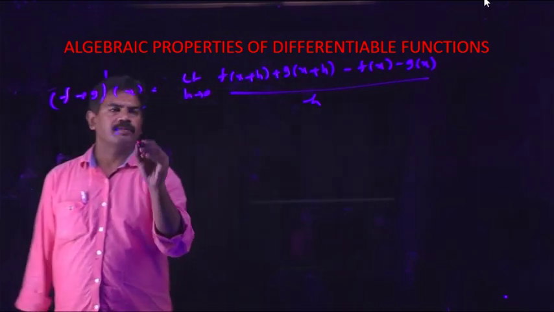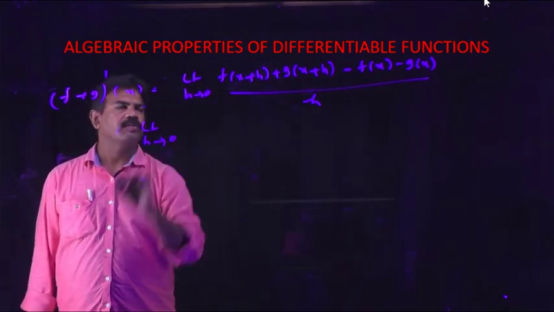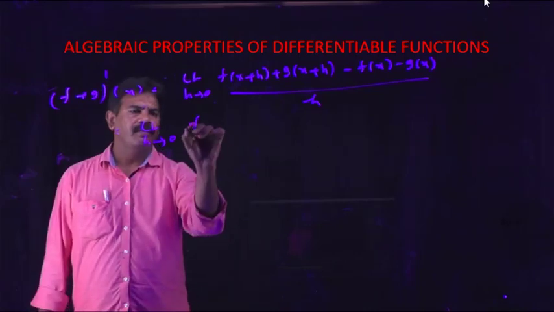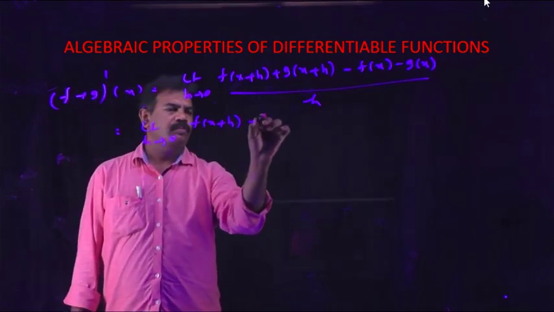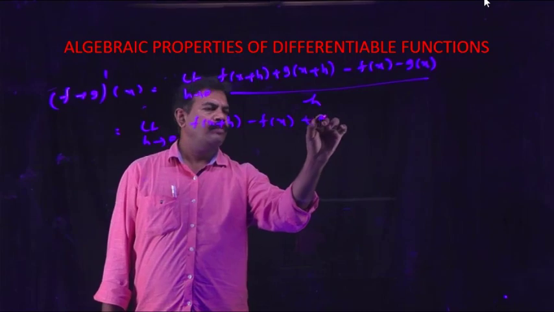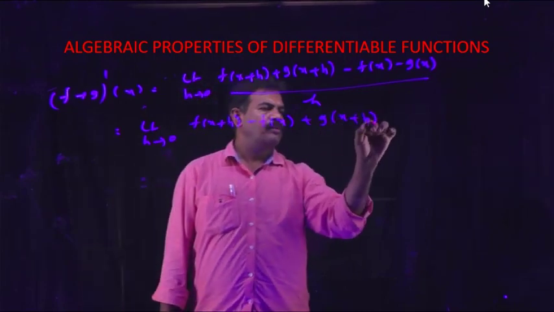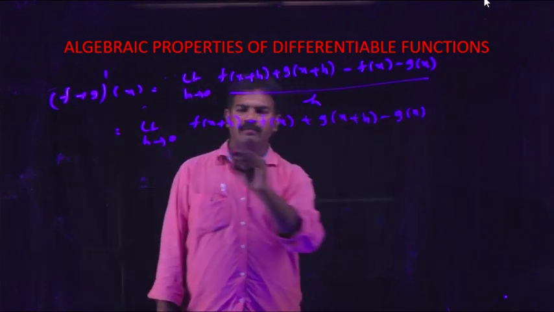That is equal to limit h tends to 0 of f of x plus h minus f of x plus g of x plus h minus g of x by h.